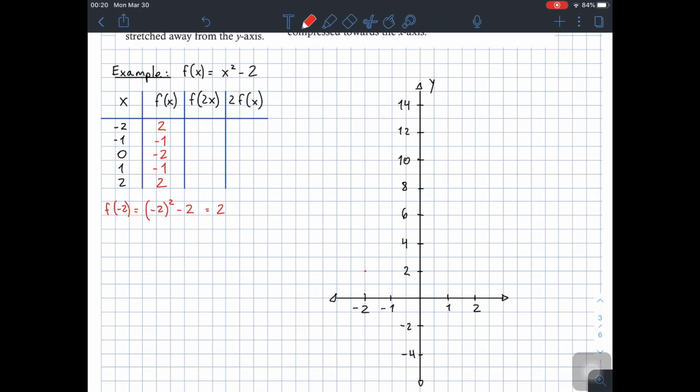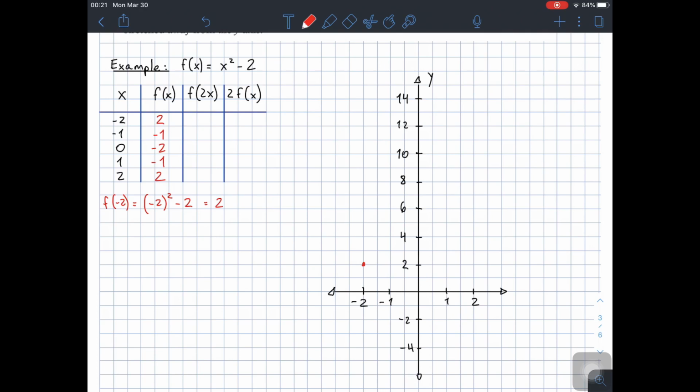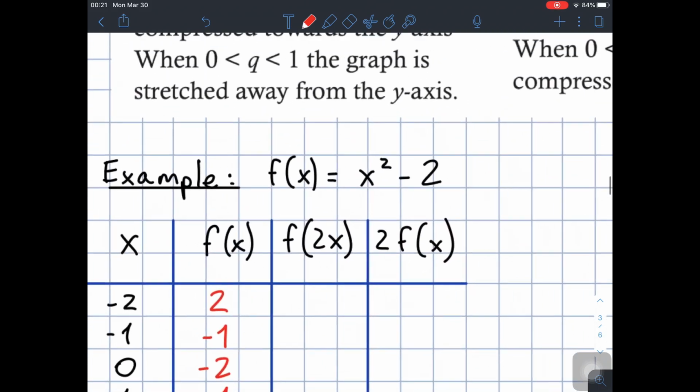So negative 2, 2 is here. Negative 1 and negative 1 is here. Then 0, negative 2 is here. 1, negative 1 here. And 2, 2 is here. What type of function is this? This is a quadratic function, right? And in this case, it should be a happy face. Why?